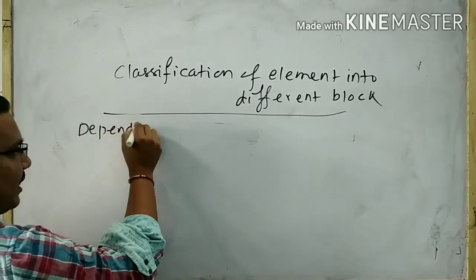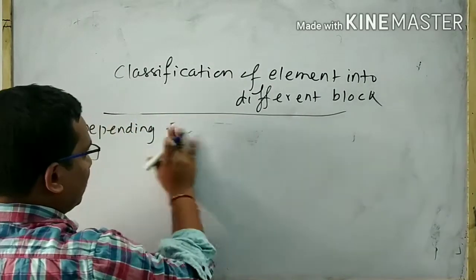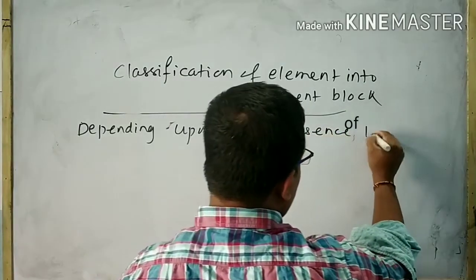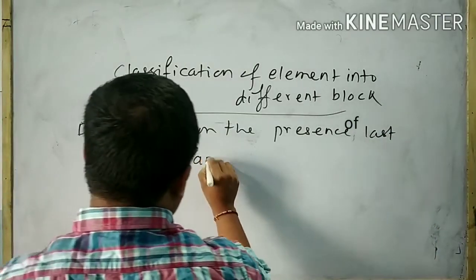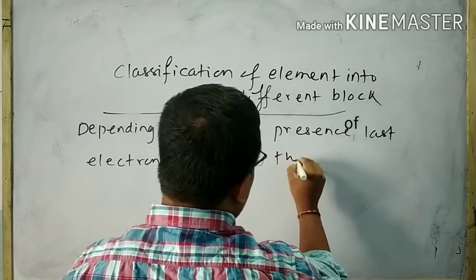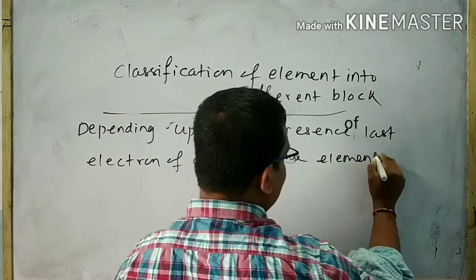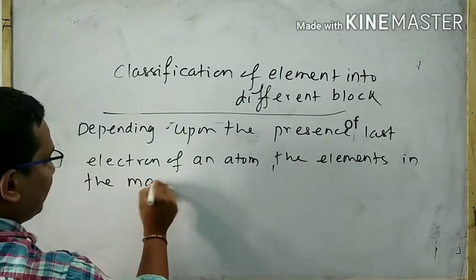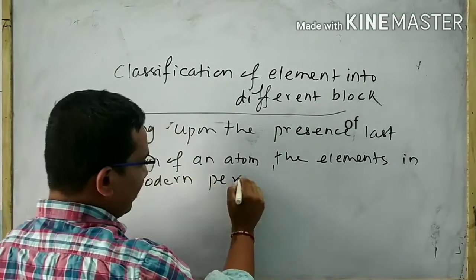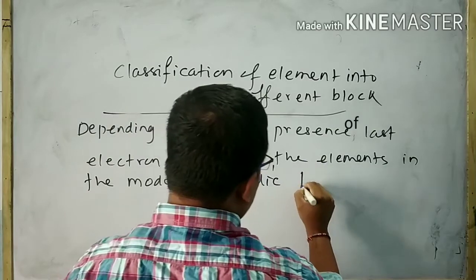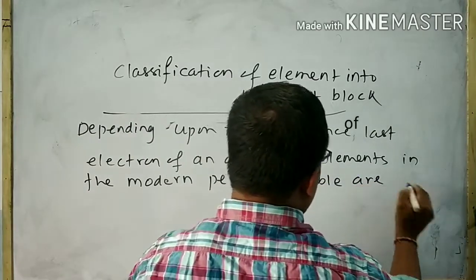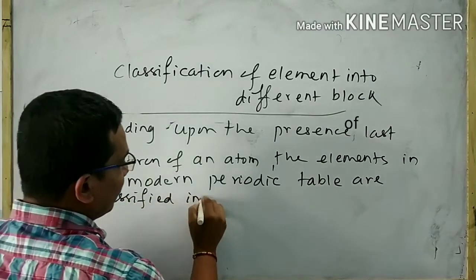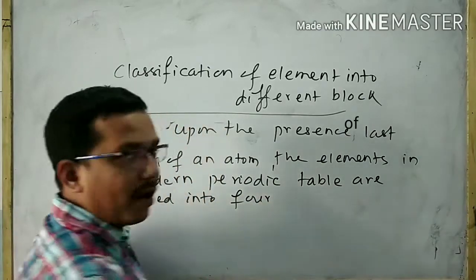Depending upon the presence of the last electron of an atom, the elements in the modern periodic table are classified into four blocks.